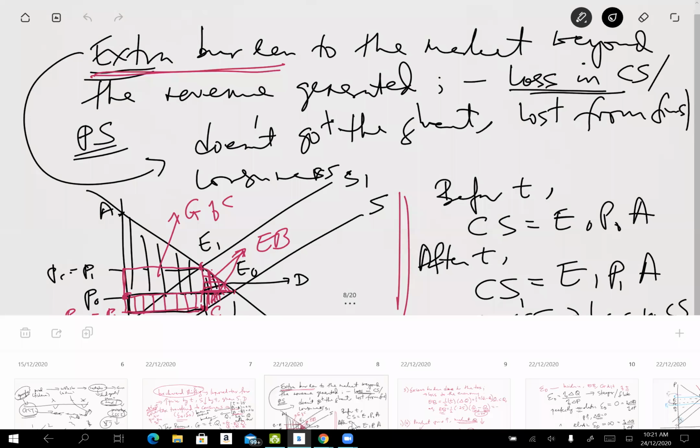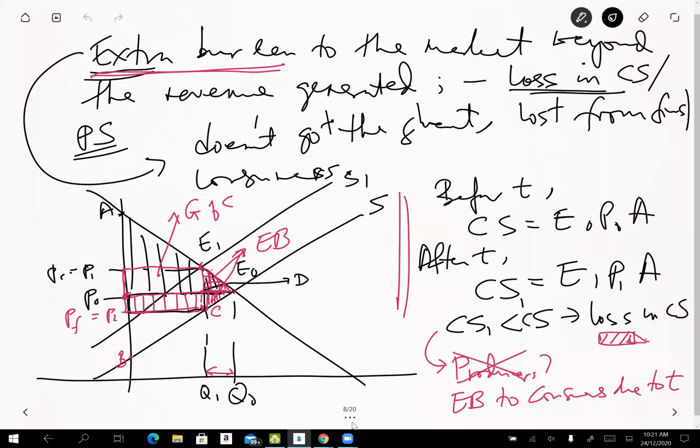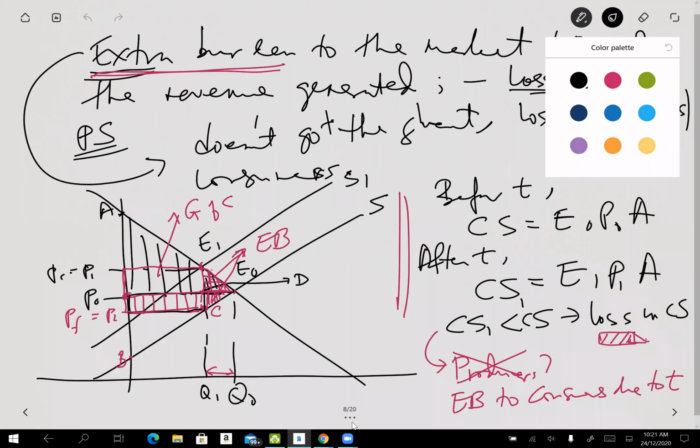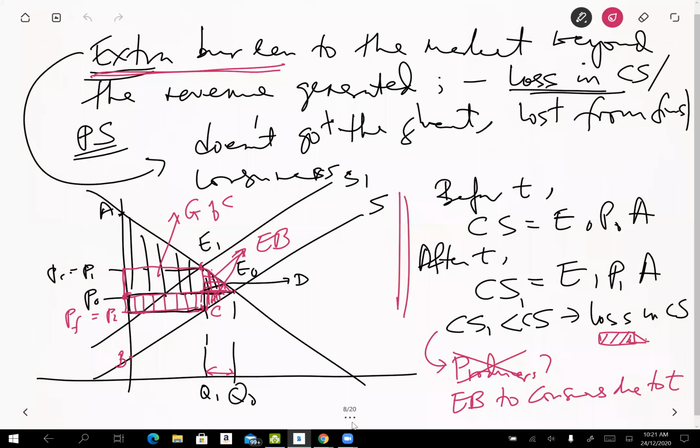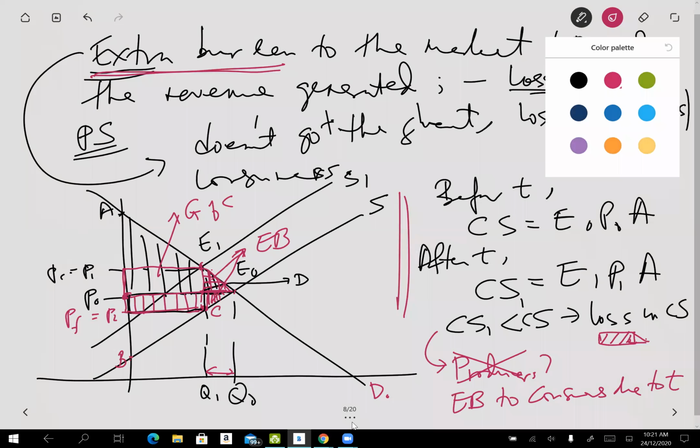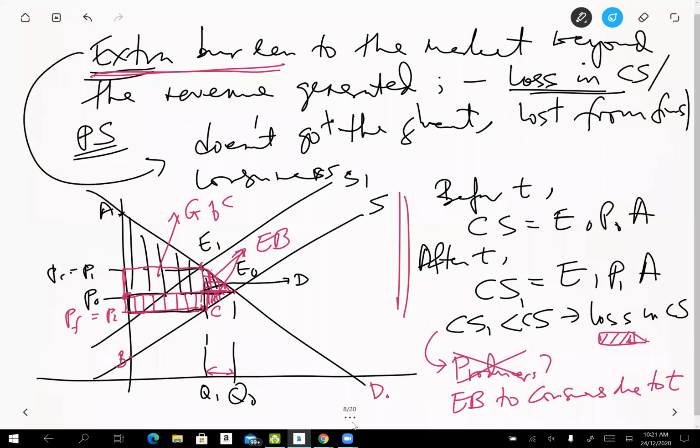Okay, if I go back to this original diagram, if the tax is imposed on the firms instead, the same amount of tax, then what we will see is that the demand function will shift downward by the amount of the tax. So the shift of the demand will be creating the same market effect. So that would be our demand function, D1, and that is the T.